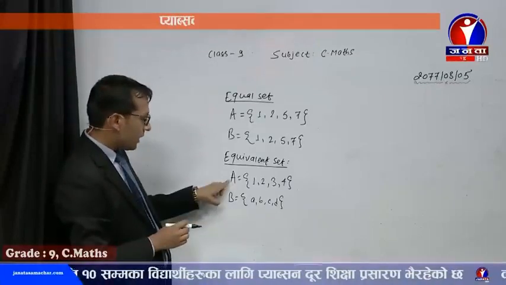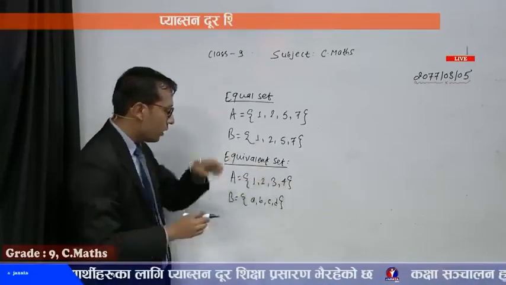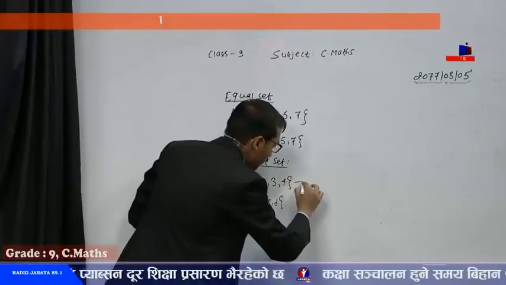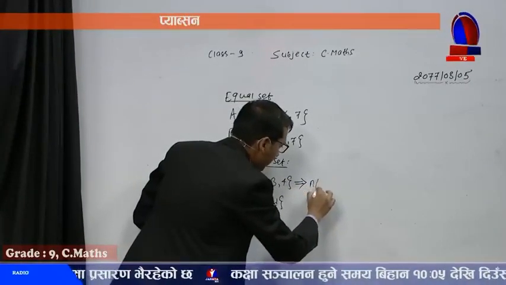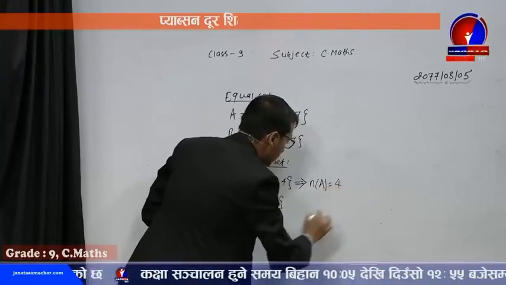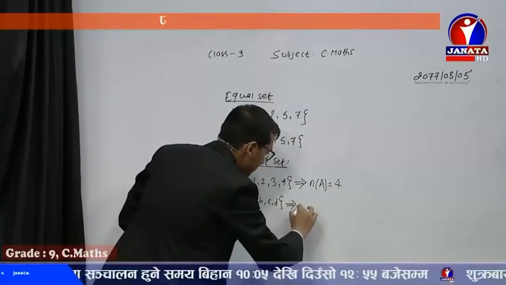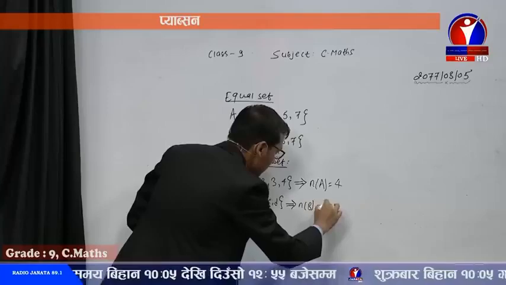So A is 1, 2, 3, 4. What is the cardinal number of A? n(A) is 4. What is the cardinal number of set B? n(B) is 4.